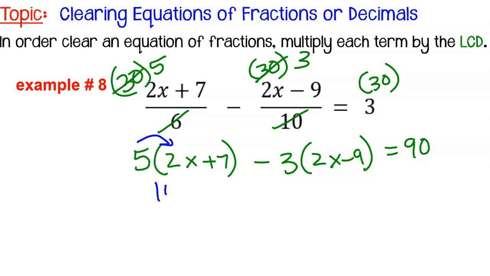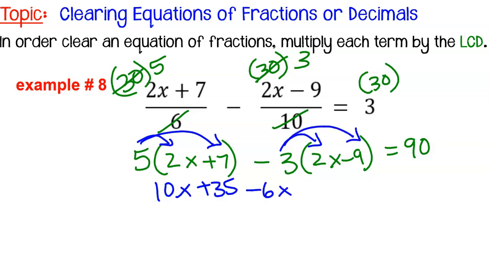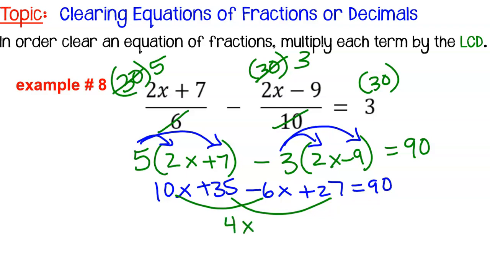5 times 2 is 10. 5 times 7 is 35. Negative 3 times 2 is negative 6x. Negative 3 times minus 9 is positive 27. Now let's see how all this combines. So 10 minus 6 is 4x, and 35 plus 27 is 62.